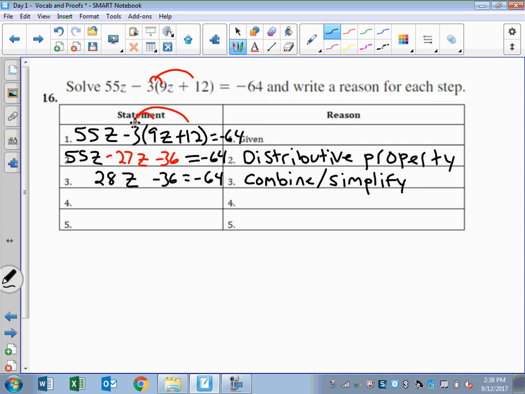Next, we would add 36 to both sides, and we would get 28z equals negative 28. And since we added to both sides, that is going to be the addition property.